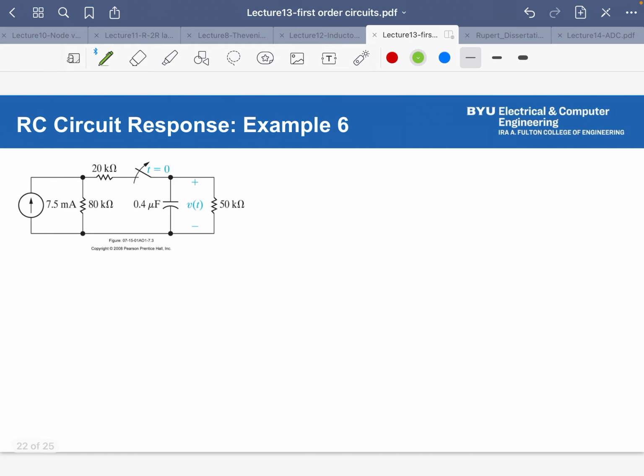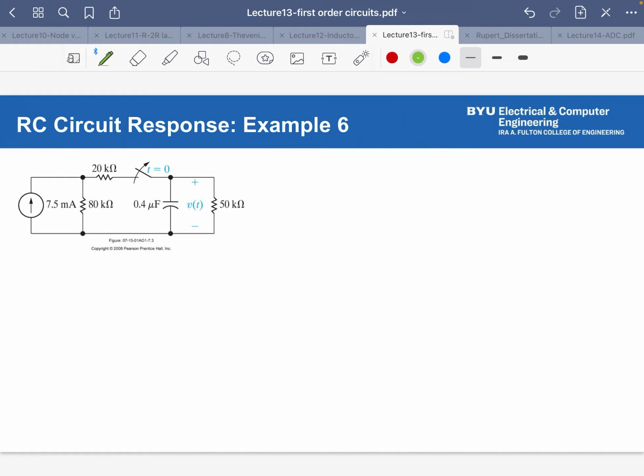All right, let's look at example 6. So again, the switch is closed for a long time before t equals 0, and then at t equals 0, it switches open. So when it's closed, everything's going to charge up this capacitor, and then when it opens, the capacitor will discharge through the resistor.